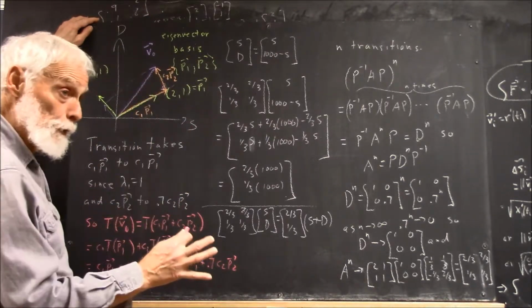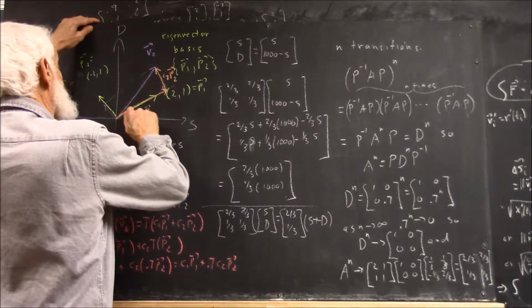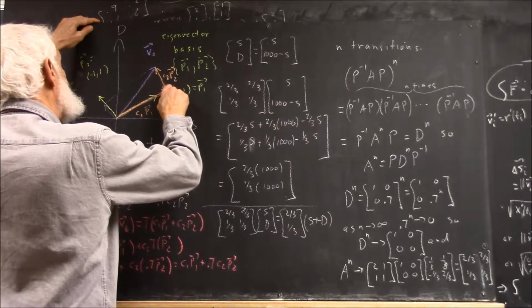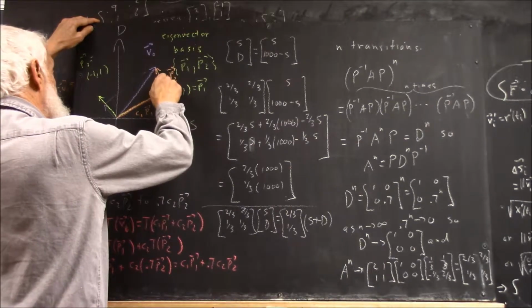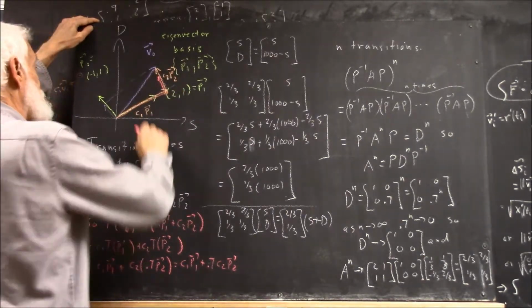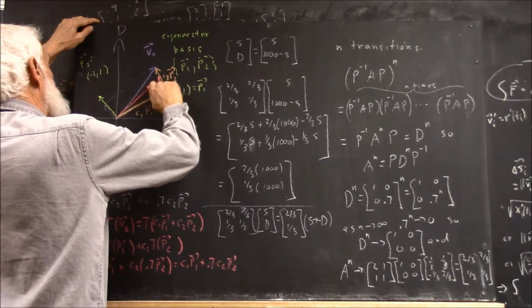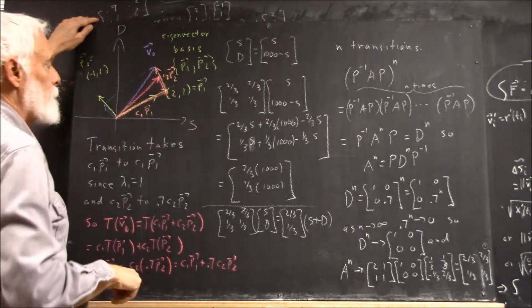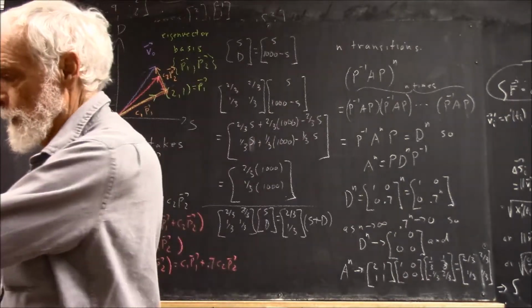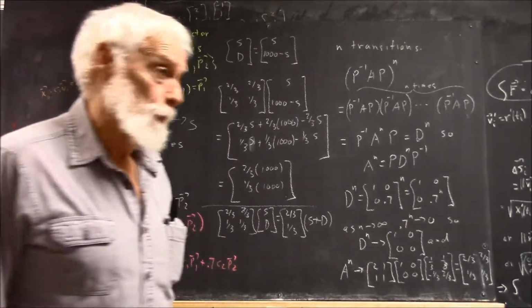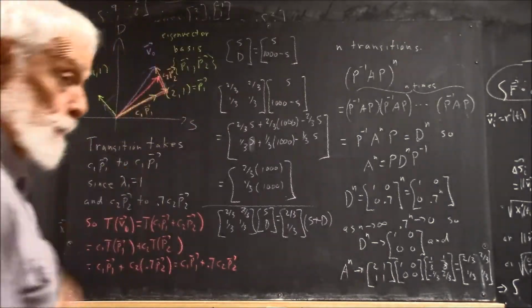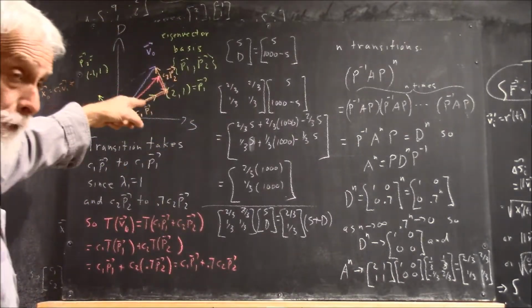It tells us that after transition, we're still going to have C1 P1. We're also going to have 7/10 of C2 P2. So here is our vector, which agrees with the picture I showed you last time, which is pretty much the same as this, except I got prettier colors there.